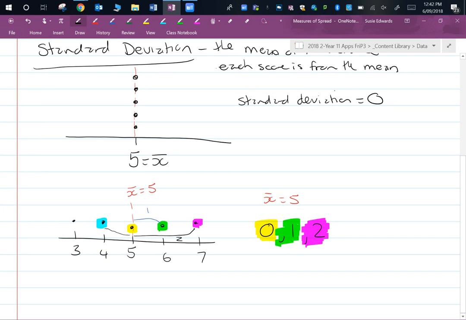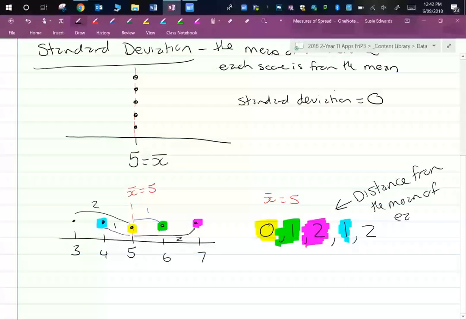What we need to be aware of is if we were trying to do this in a formula, it would actually be -1, which is why we have to do something in our formula later on. But in essence, for this example, we're just going to say 1. It's 1 away from the mean. And then the last one, how far away is it? 2. So we've got this set of scores, which are the distance from the mean of each score. We've got a new set of scores.